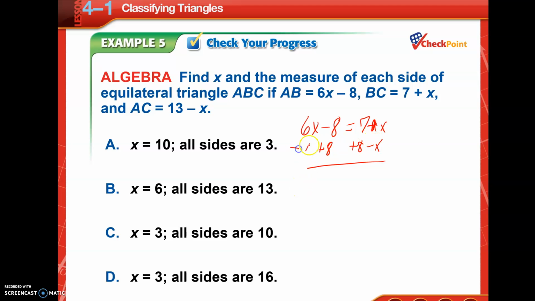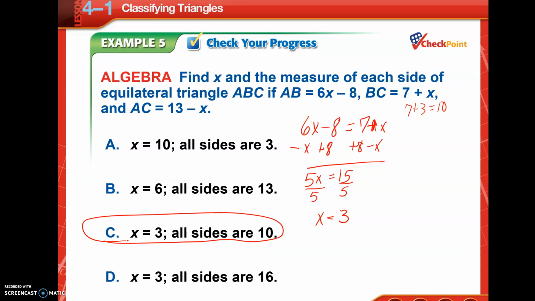Subtract my x over. I get 5x equals 15, and divide by 5. So x equals 3, and when I plug 3 in for x, I get 7 plus 3, which equals 10, and all of these would also equal 10. So x equals 3, and all sides are 10.